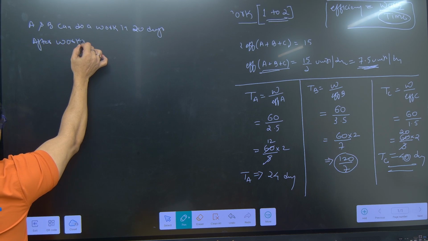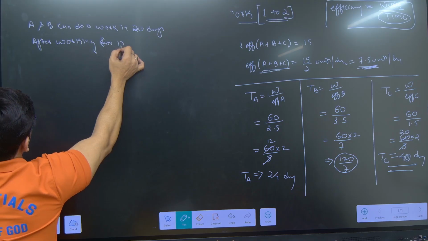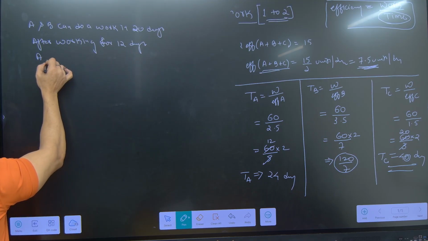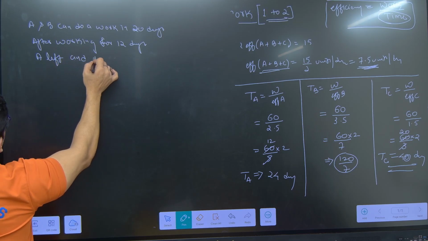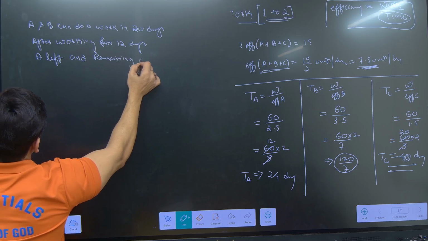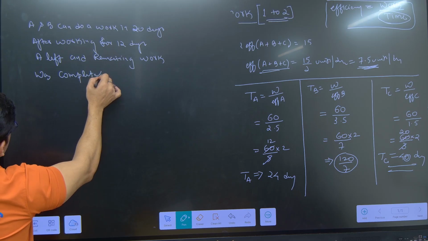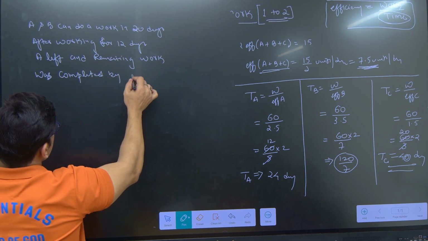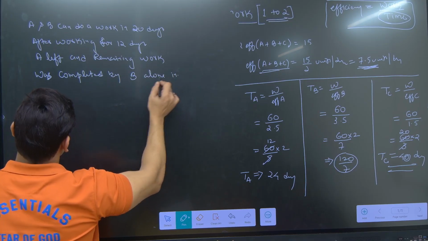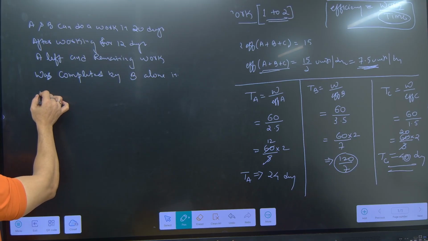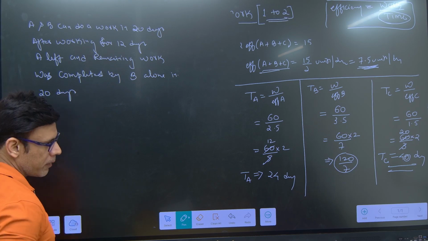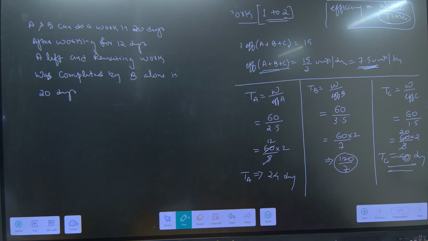After working for 12 days, A left and the remaining work was completed by B alone in another 20 days. मतलब बाकी का बचेगा वो और 20 days लेगा. Of course, because छोड़ के चला गया. Right?